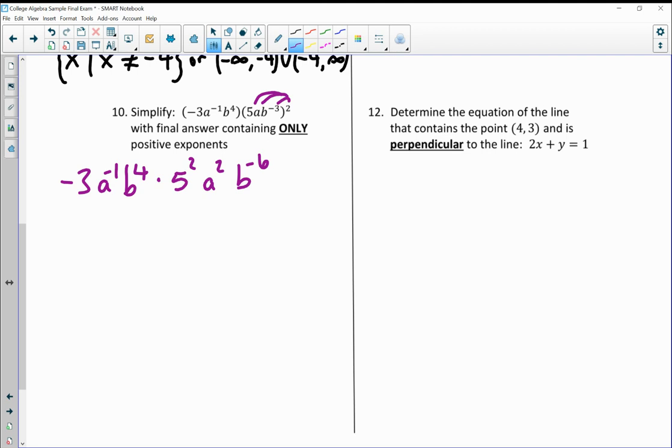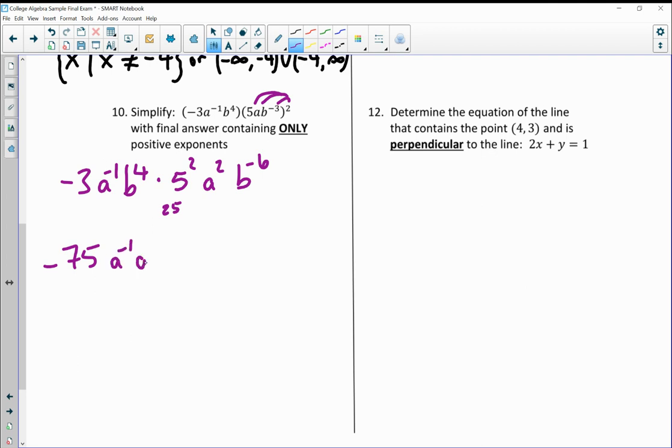Okay, so next we have 5 squared, which is 25. Right, we're going to multiply with the negative 3. So remember, we have 25. Negative 3 times 25 is negative 75. Now we have a to the negative 1 times.